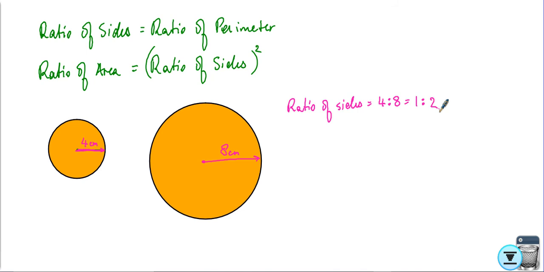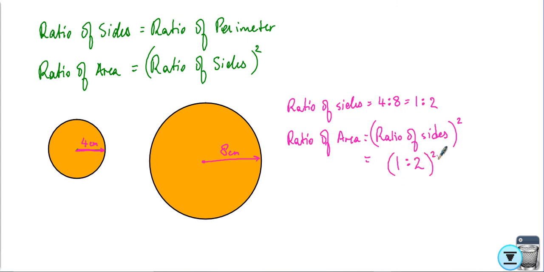Now, what is the ratio of area? The ratio of area is going to be the ratio of sides squared. So it's going to be 1:2 squared, which gives 1:4. This means that the area of the larger tin is 4 times the area of the smaller tin.